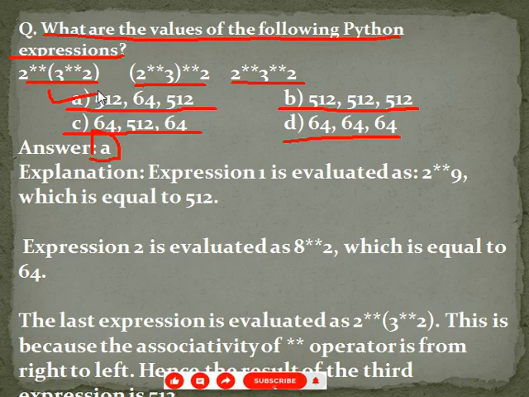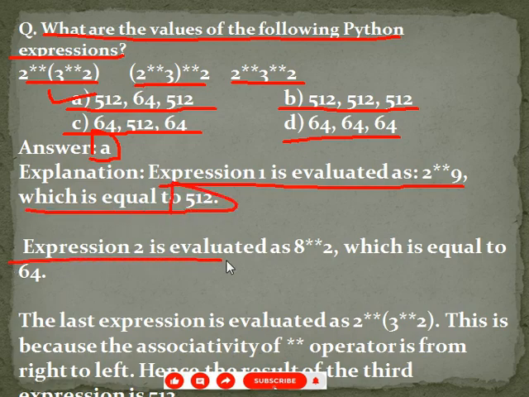See the following explanation. Expression 1 is evaluated as 2 ** 9 which is equal to 512. Expression 2 is evaluated as 8 ** 2 which is equal to 64.